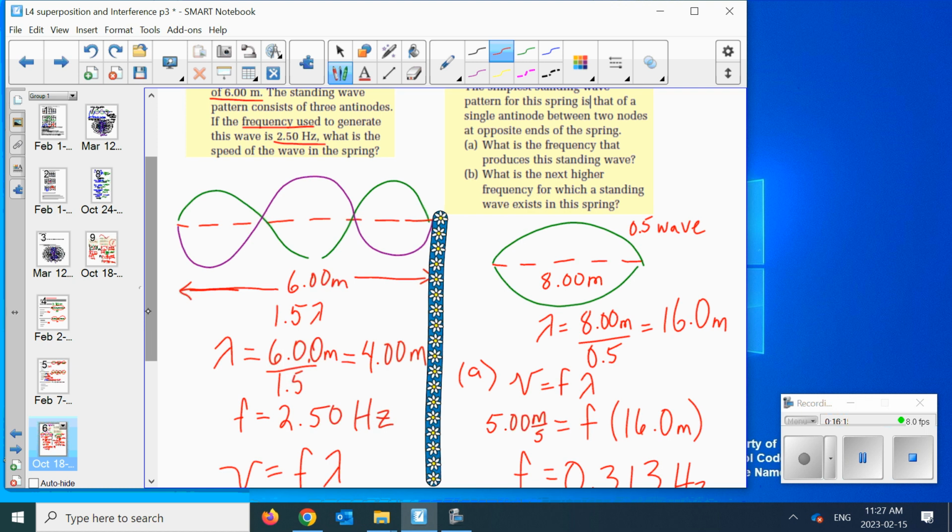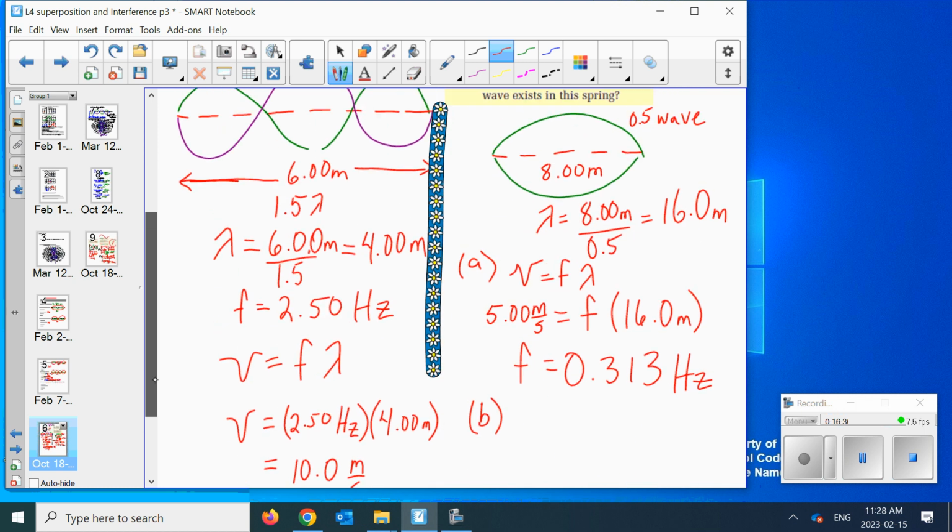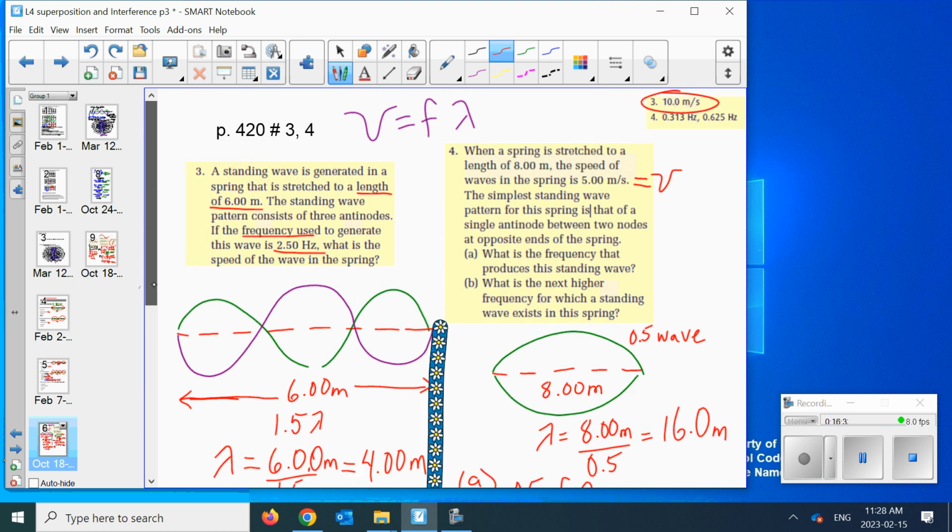Whether I've got 3 antinodes, 4 antinodes, 5 antinodes, how should the speed be in all those situations if I haven't stretched the spring? It should be the same.